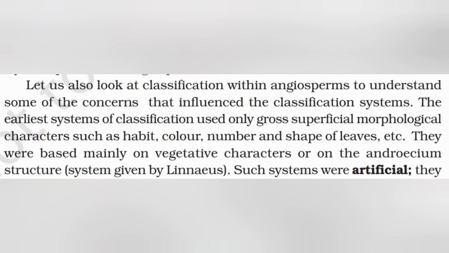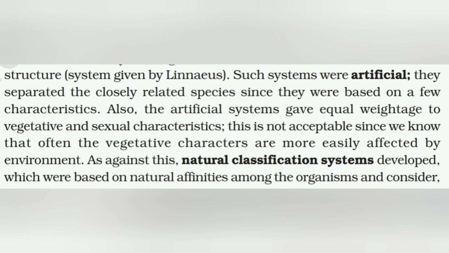Let us look at the classification within angiosperms to understand some of the concerns that influenced the classification system. The earliest systems of classification used only gross superficial morphological characters such as habit, color, number, shape of leaves, etc. They were based mainly on vegetative characters or on the androecium structure.